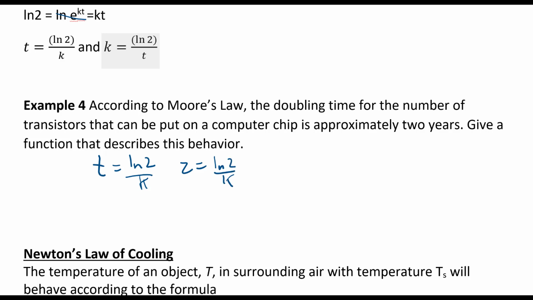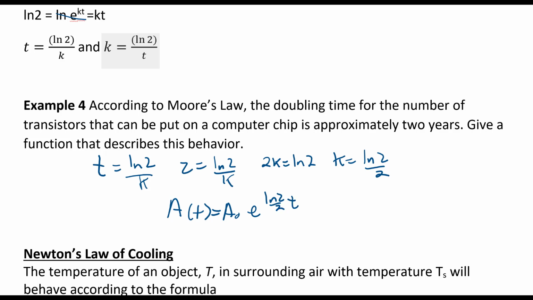Multiply both sides by k. So 2k is natural log of 2. So k is natural log of 2 over 2. So our formula would be A at time t is going to be the initial amount, e to the natural log of 2 over 2 times t. And that's it.